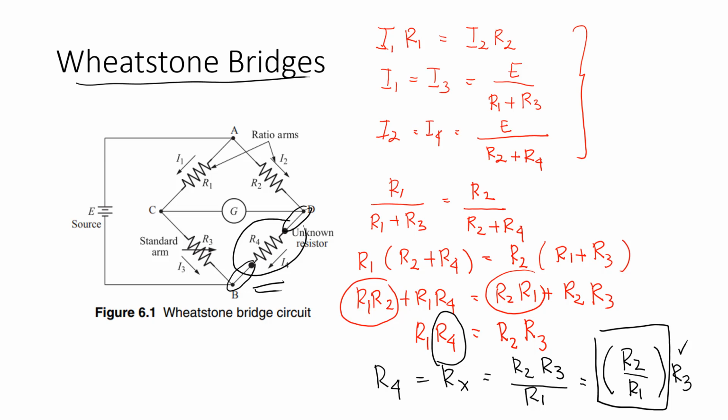So we cannot use the Wheatstone bridge to measure a very small unknown resistor. Another limitation of the Wheatstone bridge is that the thermal electromotive force in the bridge can affect the balancing of the bridge.